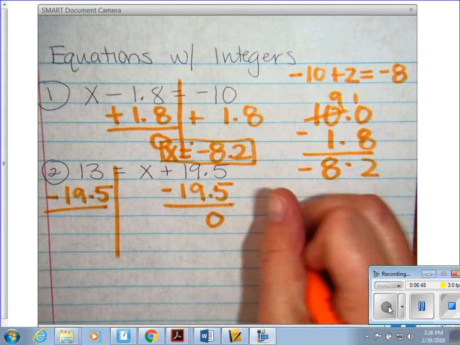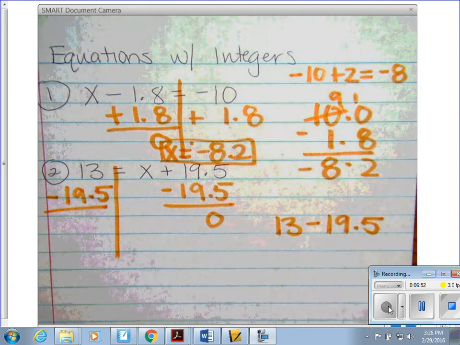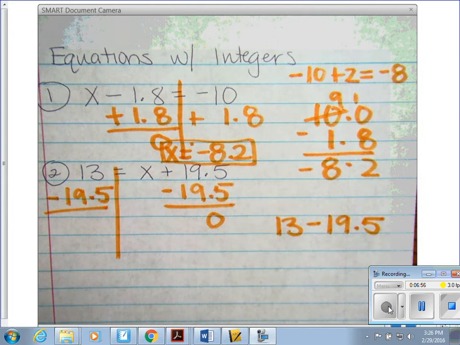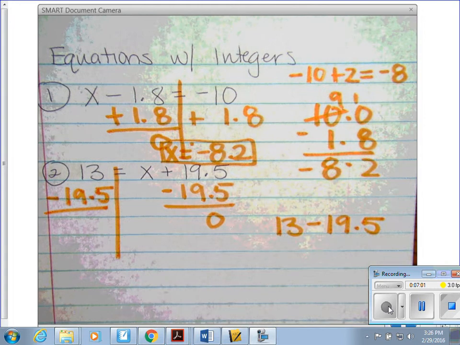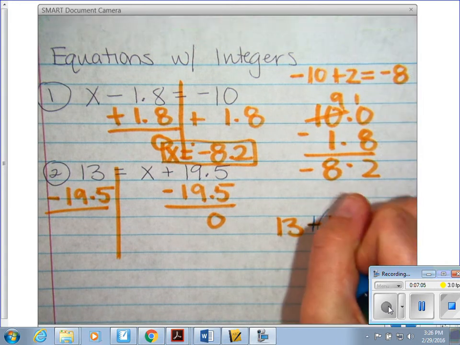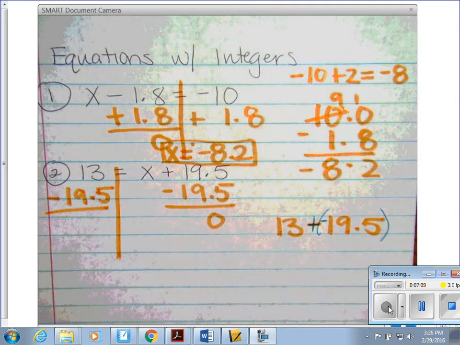What I'm doing is 13 minus 19.5. From my integer rules, we need to use the additive inverse, where I need to keep 13, change the subtraction to addition, and change my positive to a negative.